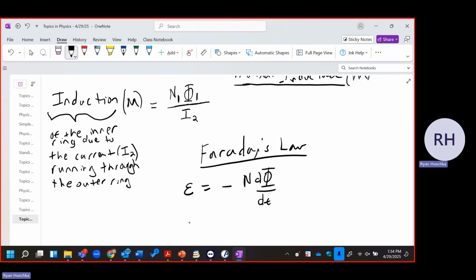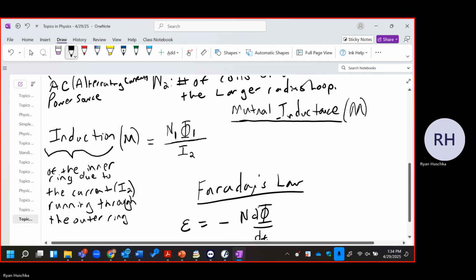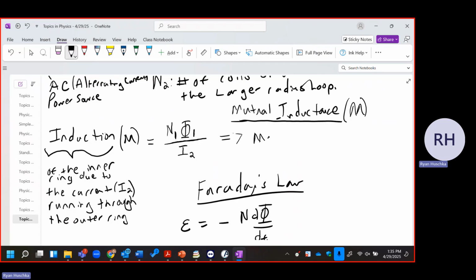So what substitution could you make there, if you wanted to say your induced EMF? You have N and you have phi, so you have N times the magnetic flux down there, and in the numerator you have N times a magnetic flux up there. We could change this around to say M times I2 would equal N times our magnetic flux.